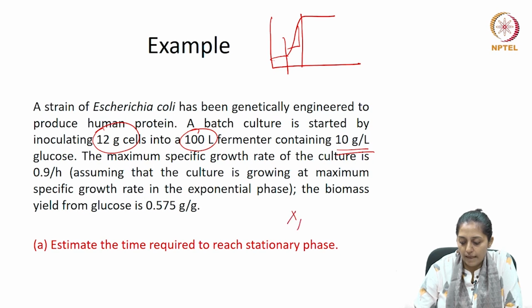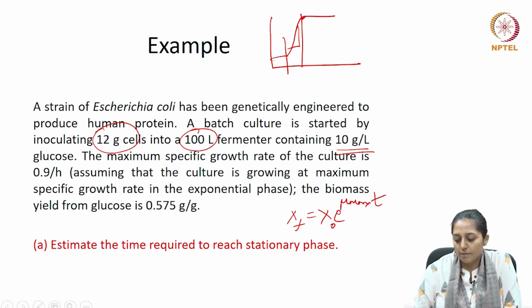So, xf will be equal to x naught e to the power of mu max multiplied by the time, where xf stands for the final biomass concentration. What time to reach the end, the maximum biomass? This is what has been asked. Let us call it the batch time, TB.